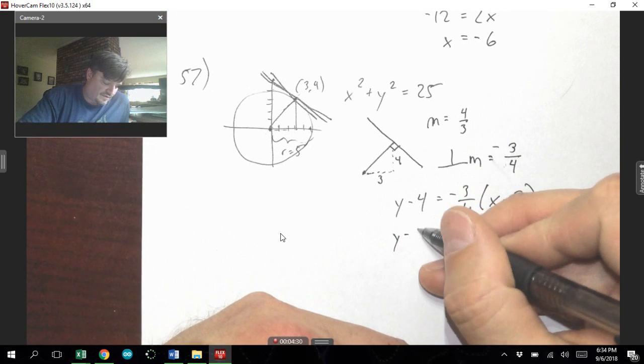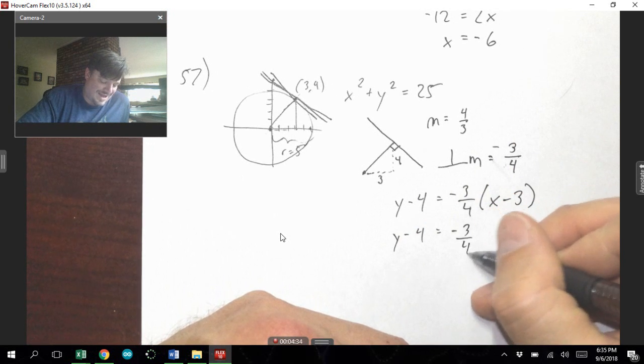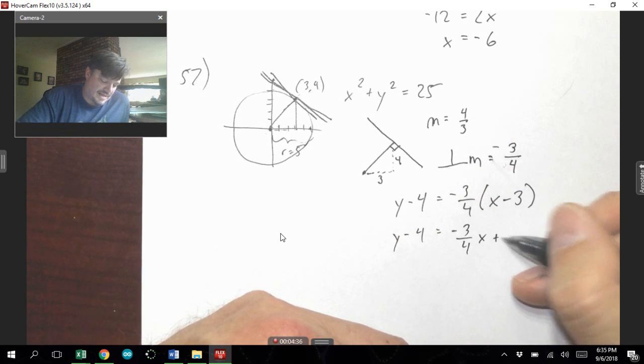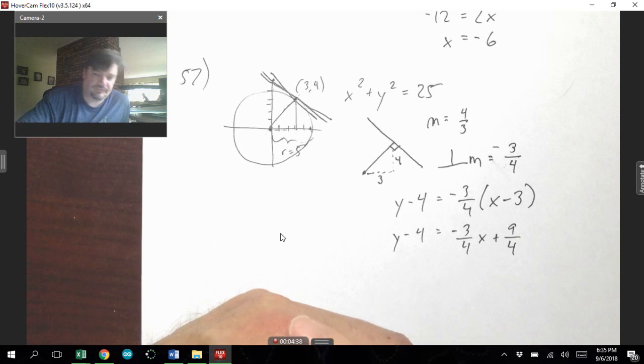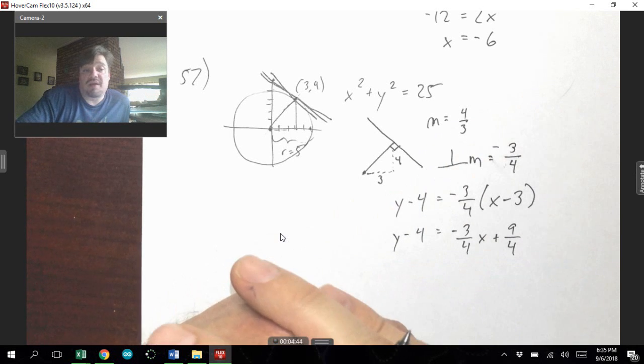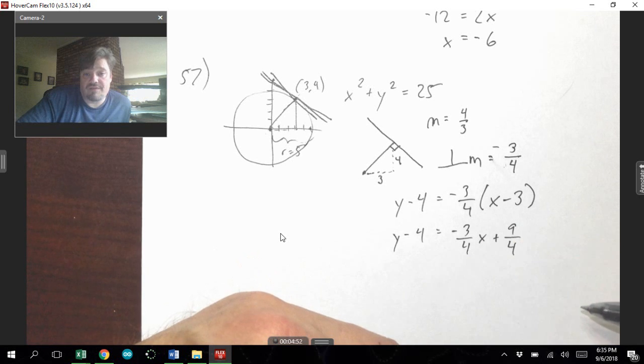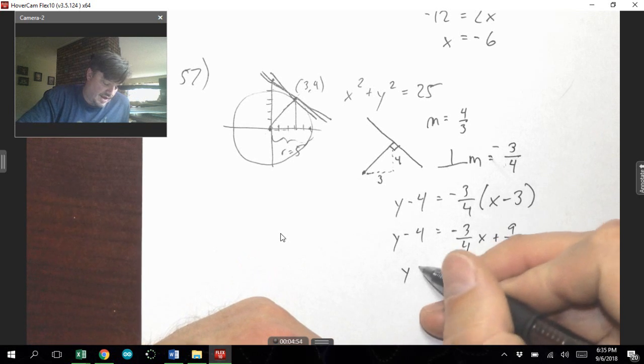So if you got y minus 4, we're going to distribute negative 3 over 4 x. Then we're going to get positive 9 over 4. We talked about getting rid of the fractions. Is it necessary? Multiply everything by 4 if we want this in standard form. But if we want slope-intercept form, we just have to add 4.